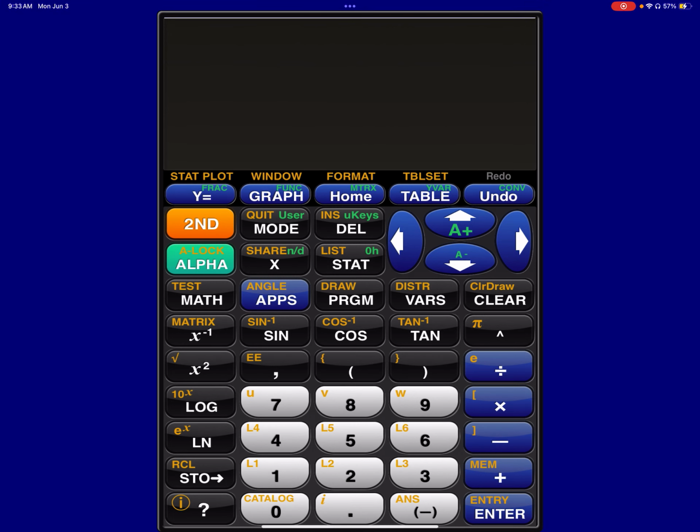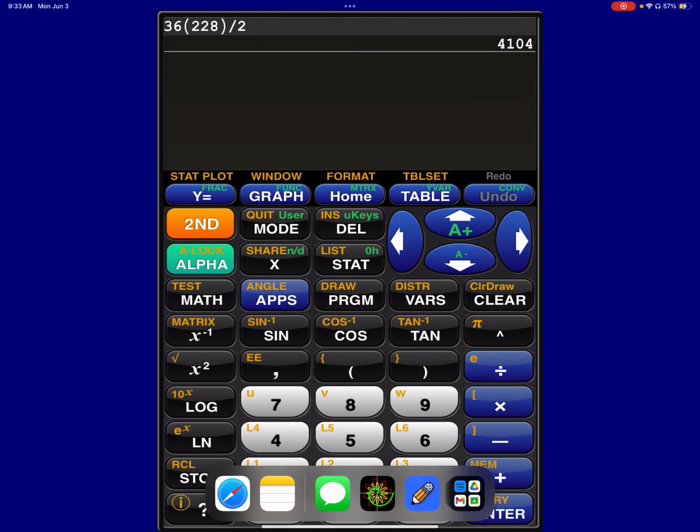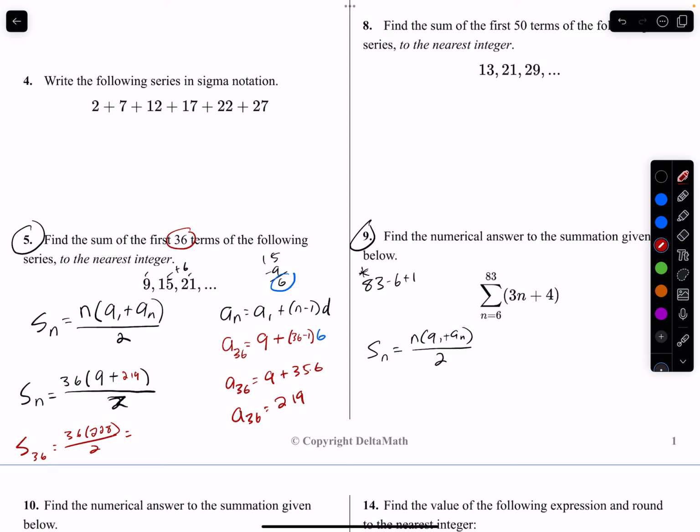All right, so 36 times 228 divided by 2 and then I'll come up with a solution of 4,104. And what that means is if I add up all these terms, I'm going to get 4,104 as my number.